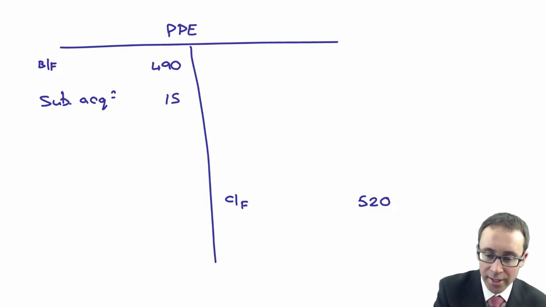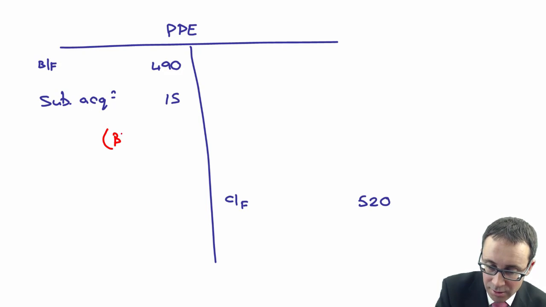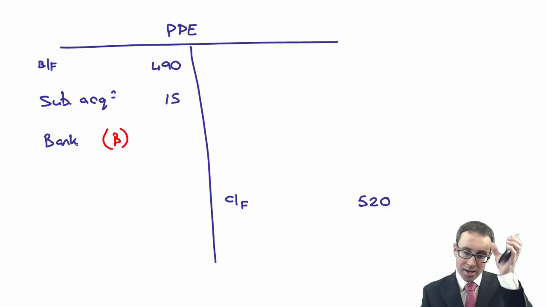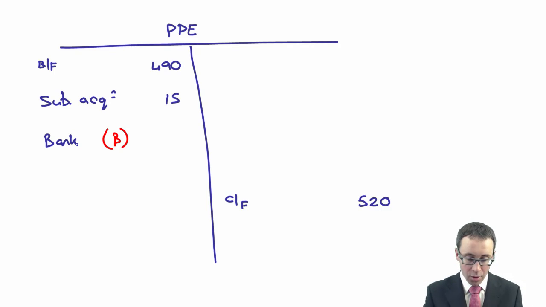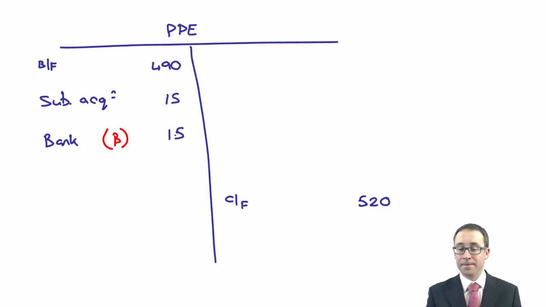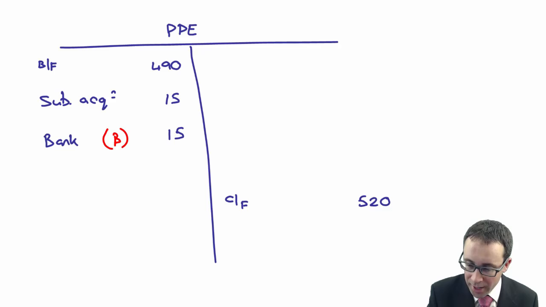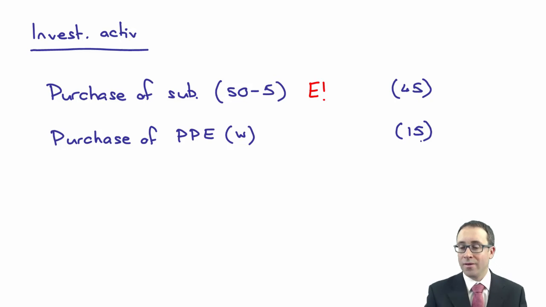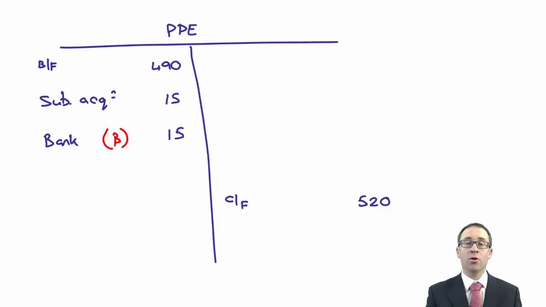What you would expect there is that the balancing figure is to go through there and look at the bank figure, isn't it? Okay. If you were to work that out at this moment, 490 plus 15, the balancing figure there is 15, isn't it? Okay. So you would have there the purchase of property, plant and equipment is 15 as an outflow. That's assuming that there's nothing else within the question.